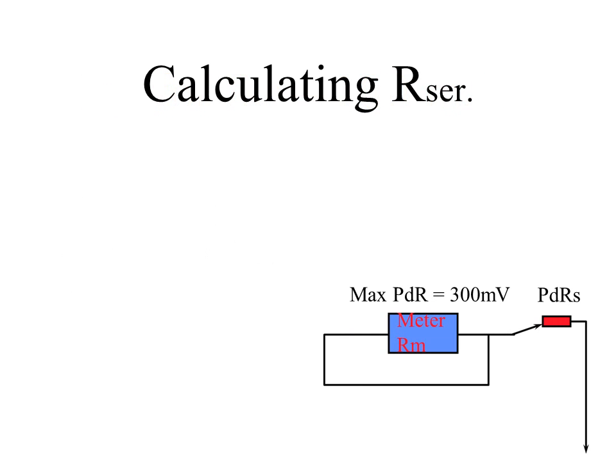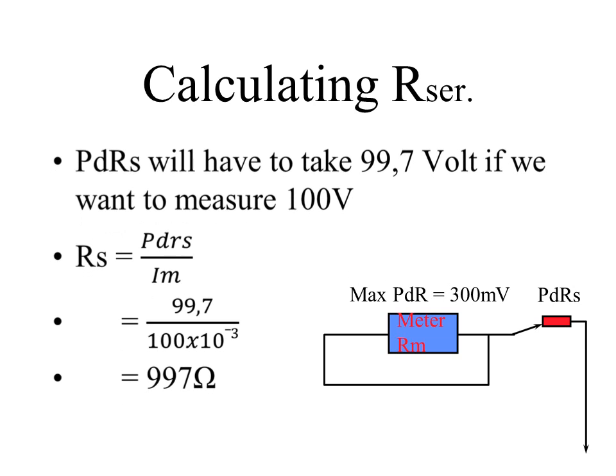Now let us calculate the series resistor. Subtracting 300 millivolts from 100 volts, the potential difference across Rs will have to take 99.7 volts if we want to measure 100 volts.